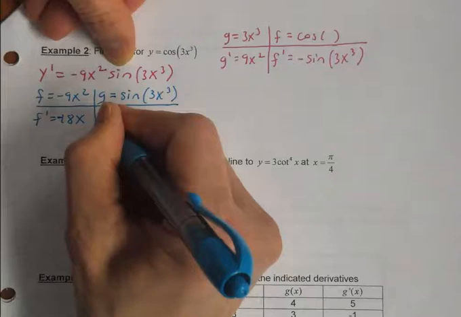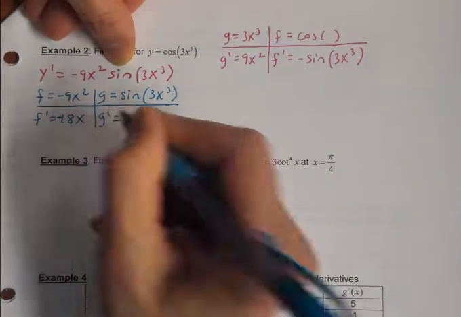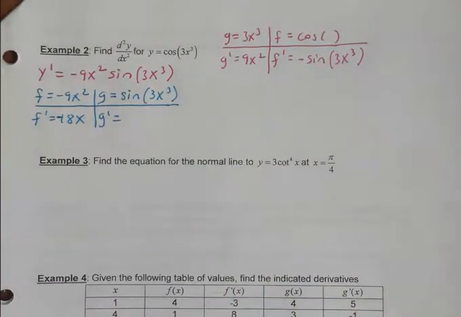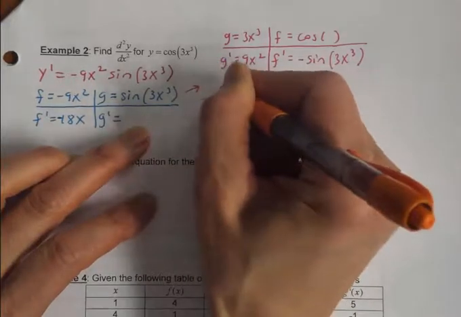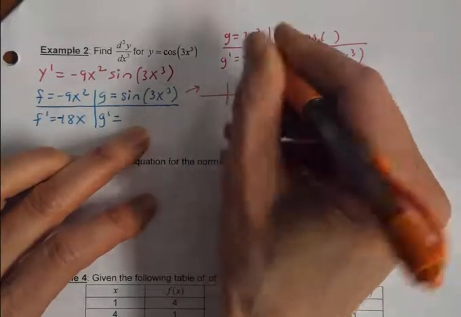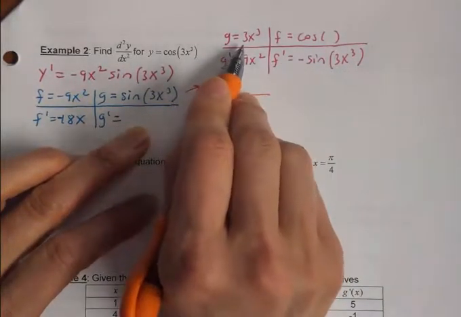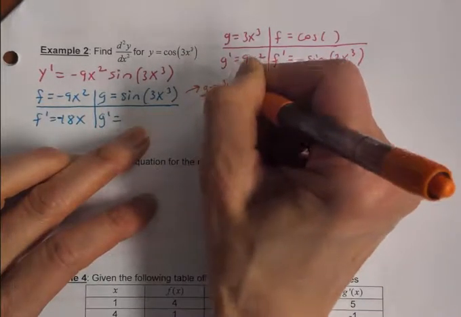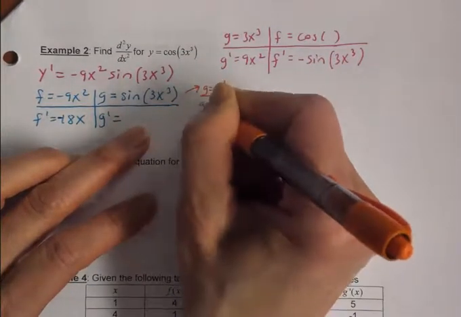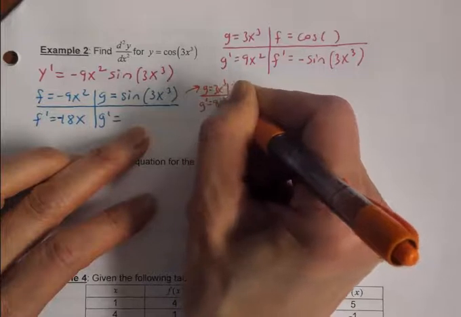And then my g prime, I'll do another template off to the side here. It's going to look very similar to this one here. So my g is going to equal 3x to the third, and then g prime is going to be 9x squared.